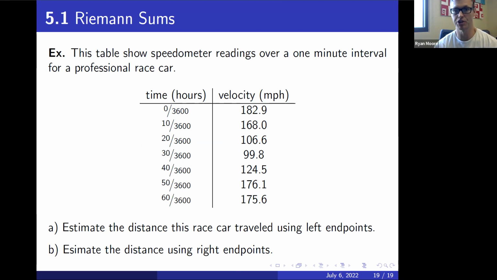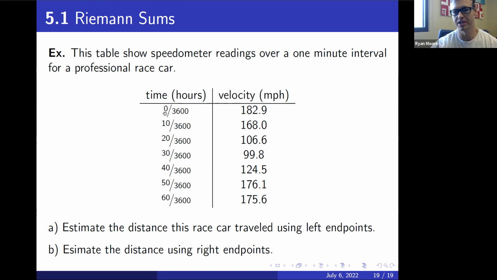This table shows speedometer readings over a 1 minute interval for a professional race car. So let's take a look at that. They're giving us time and velocity. Notice the time is in hours, yet the readings are just over the course of a minute. So when you look at this, the 3600 is the number of seconds in an hour.